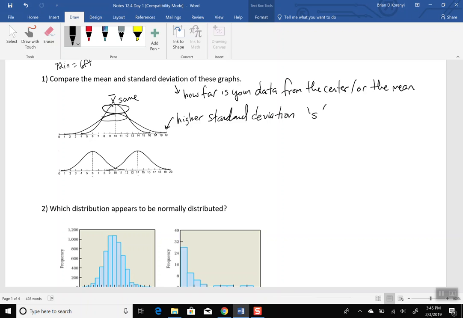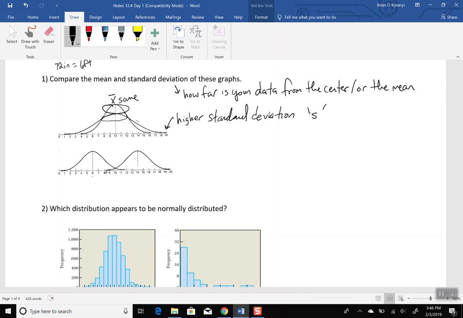To get 95% of my data, I might have to go another 3 and get 16 and 4 to get most of my data included in there. Whereas with this graph, the one that has that tighter shape, or higher peak right here, I only have to go a couple spaces over to get most of my data.